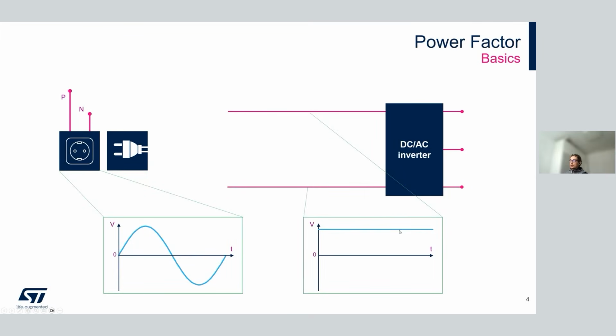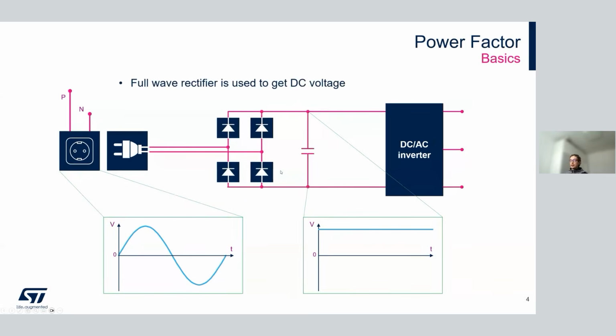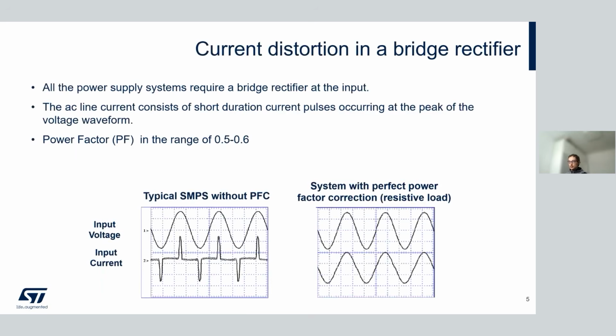The easiest way to achieve this DC voltage is to place a simple bridge rectifier to rectify the grid and have a DC voltage. But there are some consequences of this bridge rectifier, and the main one is that you are not drawing a sinusoidal current, but you have peaks at the highest voltage of the sinusoid.